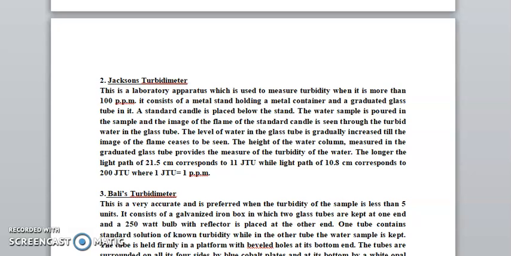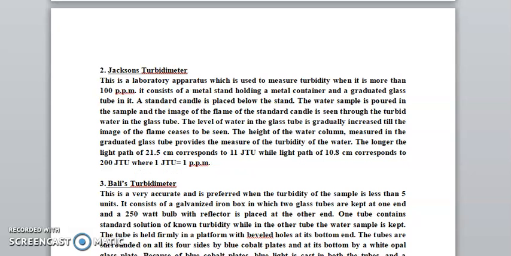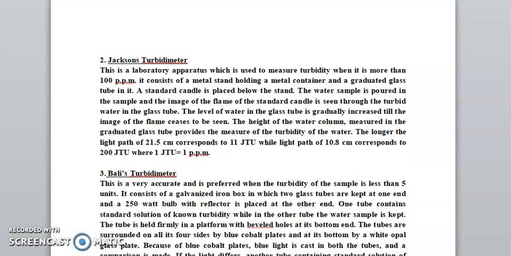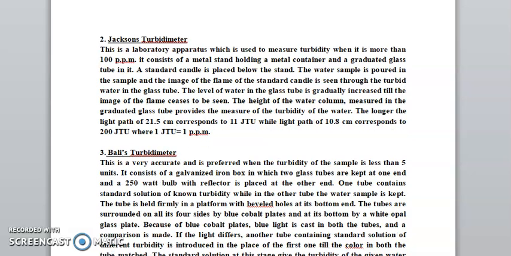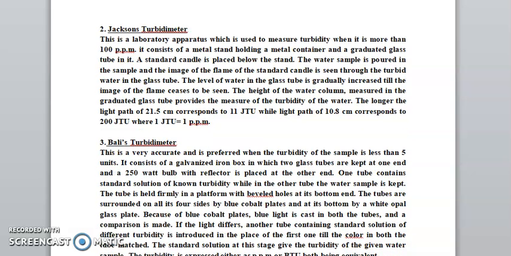The tubes are held firmly on the platform with holes at the bottom end. The tubes are surrounded on the fourth side by a blue cobalt plate at the bottom of the glass plate. Because of the cobalt plate, blue light is cast in both tubes and a comparison is made.